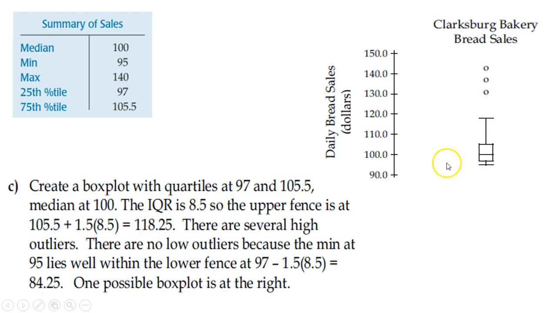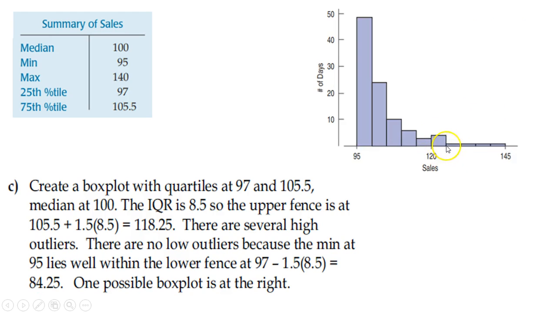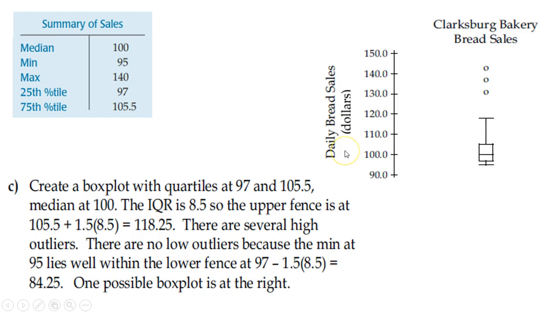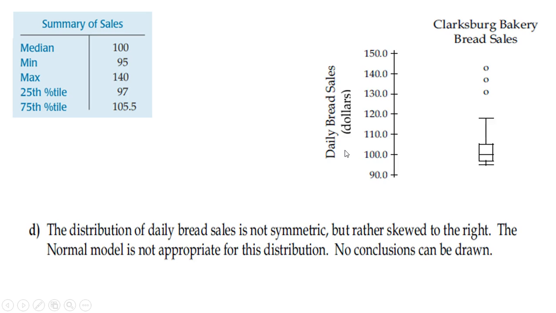Now, we don't know where this one is at, or this, because it's a range of values between there, so I'm not sure, but it's looking like we have outliers hanging around out there. The distribution of daily bread sales is not symmetric, obviously, but it's skewed to the right. The normal model would not be appropriate here, so we're also not going to be able to draw any conclusions with it.